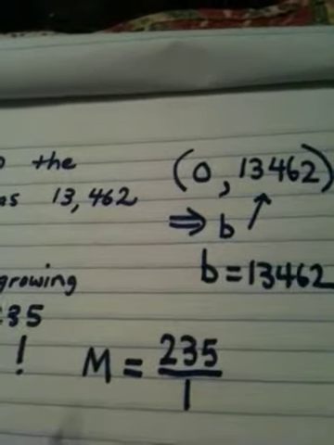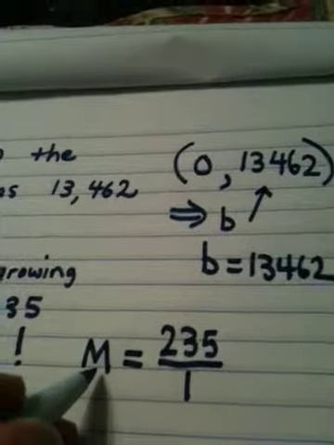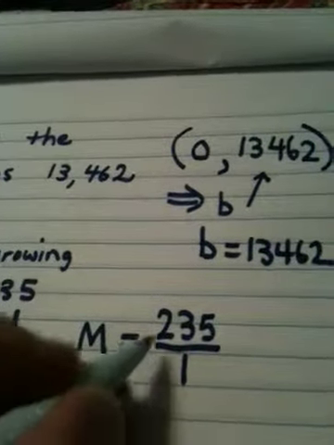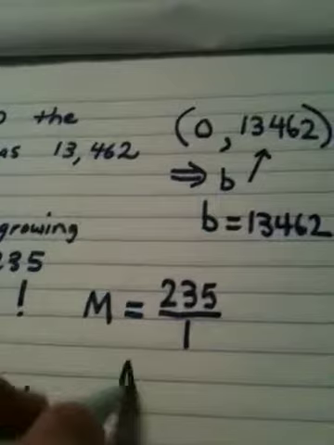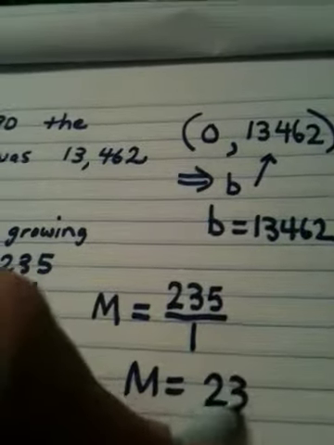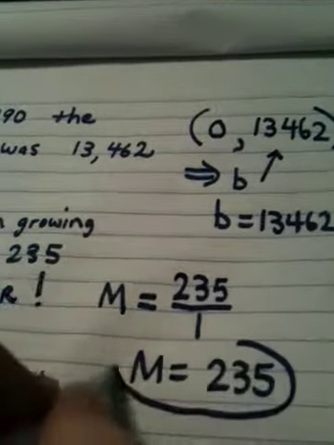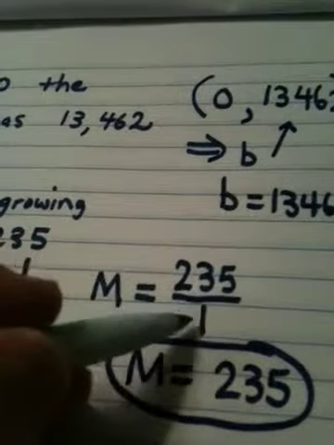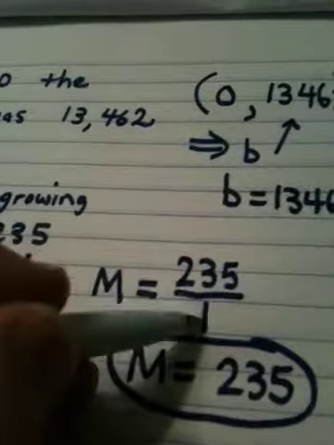The rate of change, which is what slope is, is a constant rate of change. The rate of change is 235 over 1, but that's just weird to put the 1. But I wrote it for one reason. The rate of change is 235 people per every year, every 1 year. So the slope is 235.